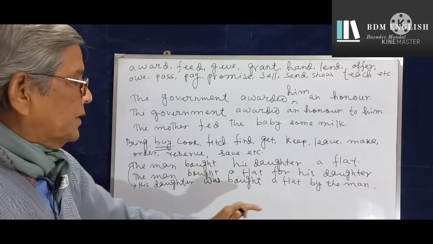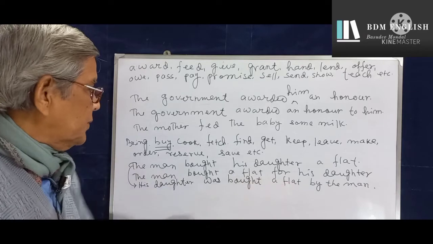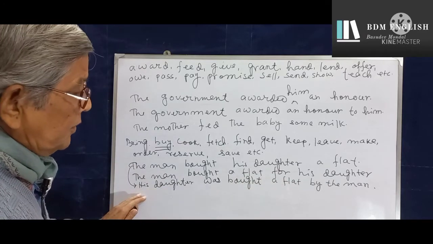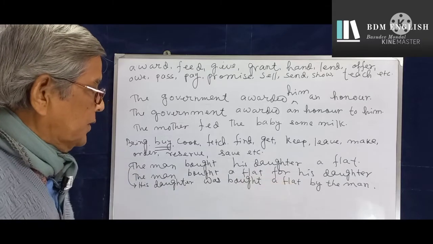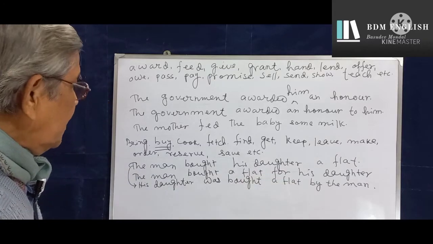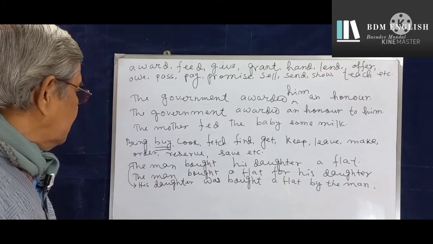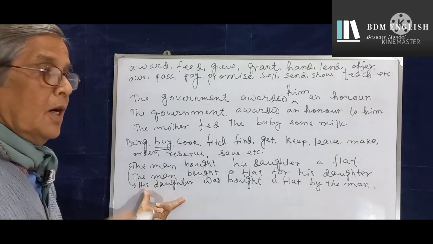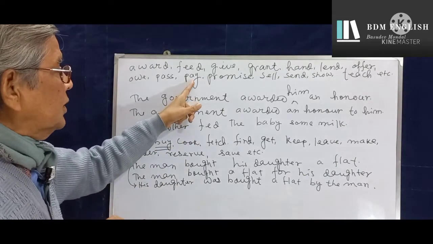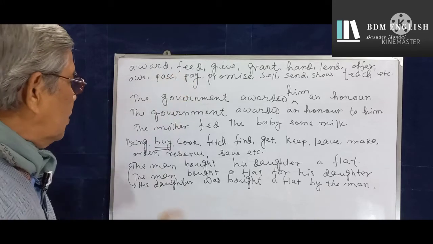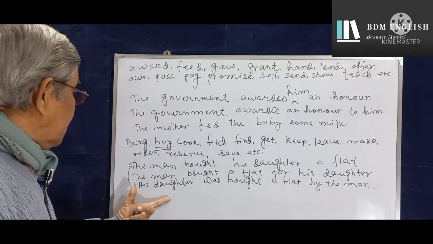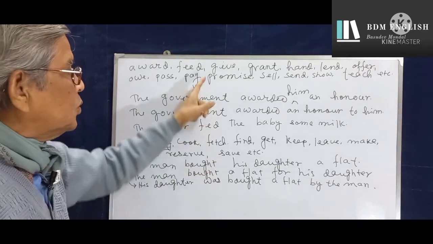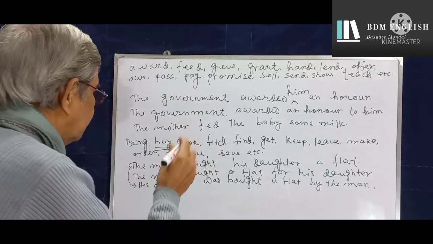But if we make this direct object the subject of the sentence in the passive voice, we have to use the preposition either to if the verb belongs to this group or for if the verb belongs to this group. We will have to use the preposition to or for.